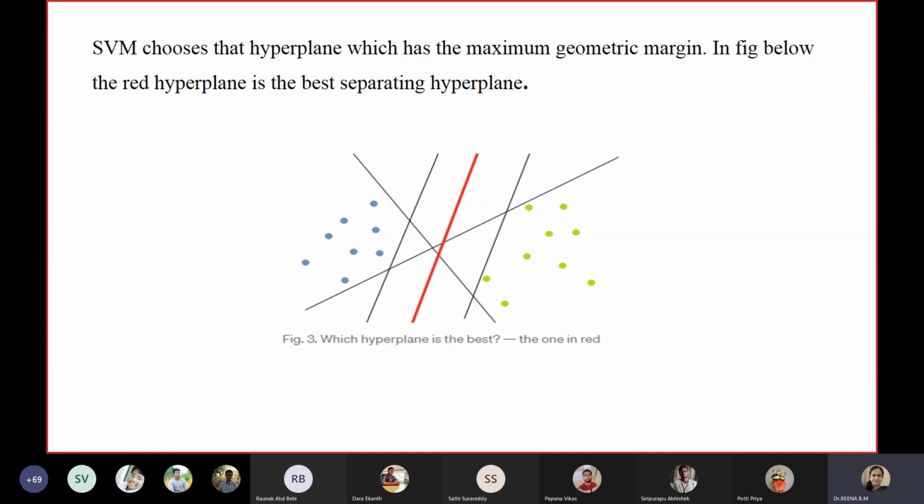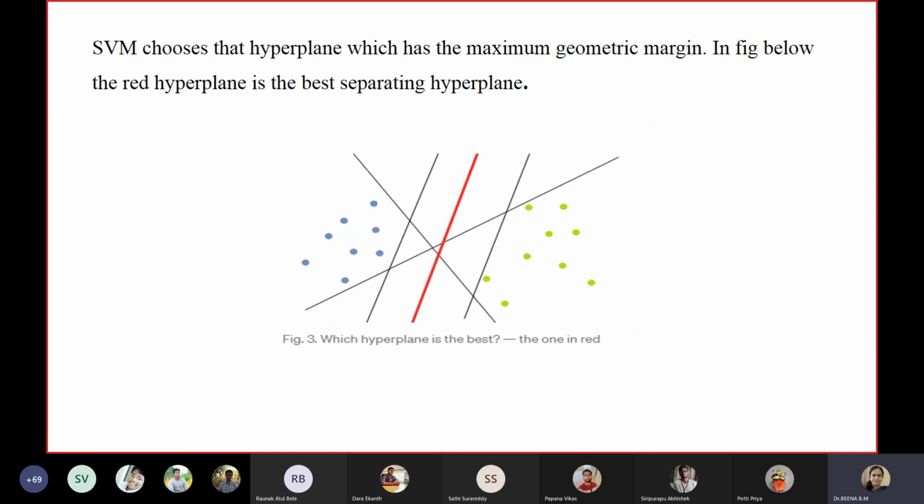If data is linearly separable, we can draw any number of hyperplanes, but from the visualization we can see that this is the best hyperplane, which separates the classes far away from this region. The red one is the hyperplane which has the maximum margin, covering the wide region between the two classes, and this is the optimal hyperplane.